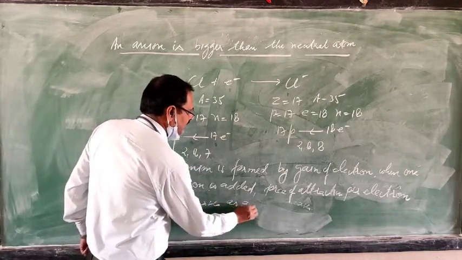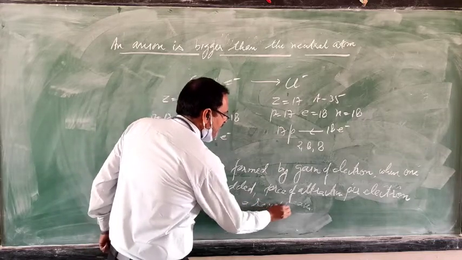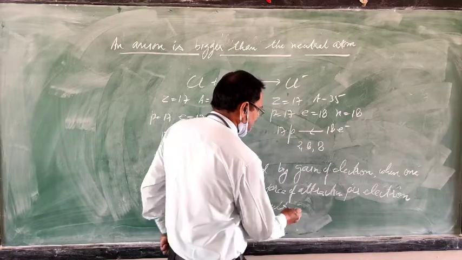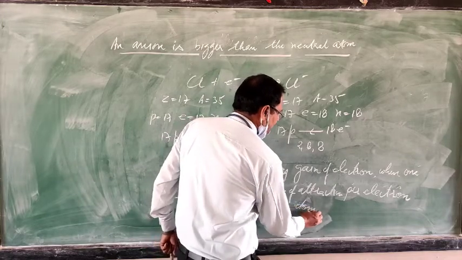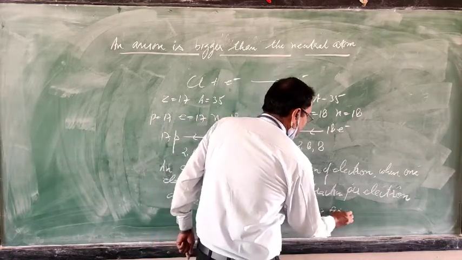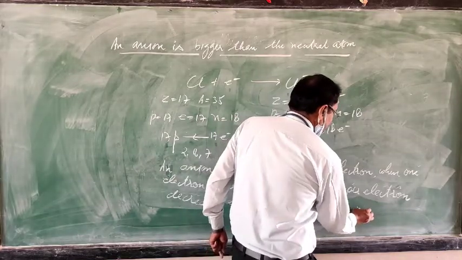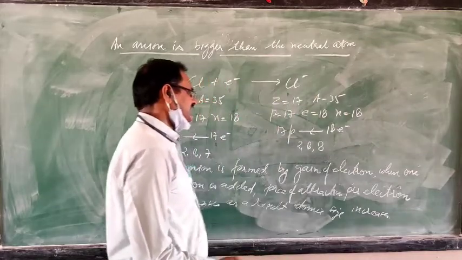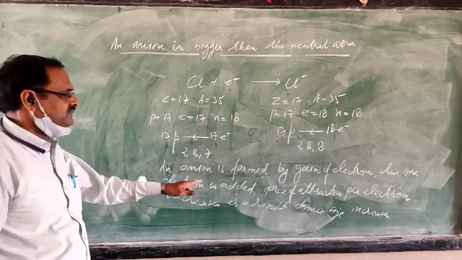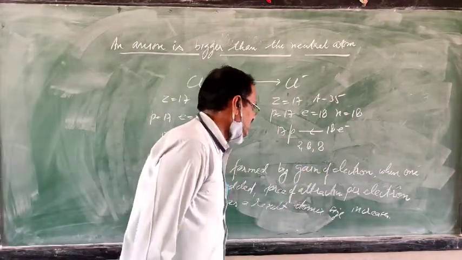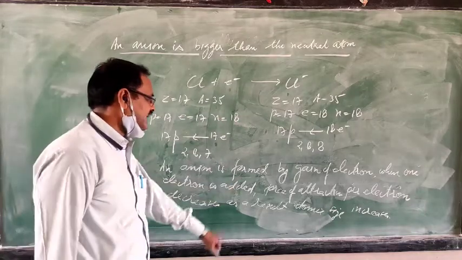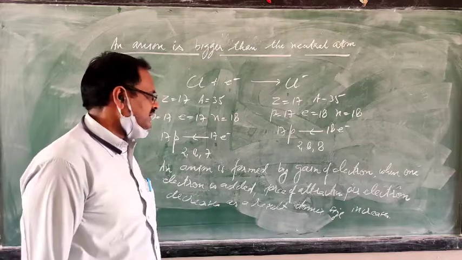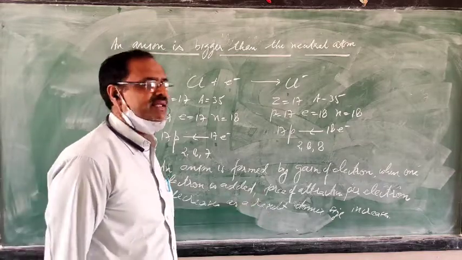As a result, atomic size increases. So an anion is formed by gain of electron. When one electron is added, force of attraction per electron decreases. As a result, atomic size increases.